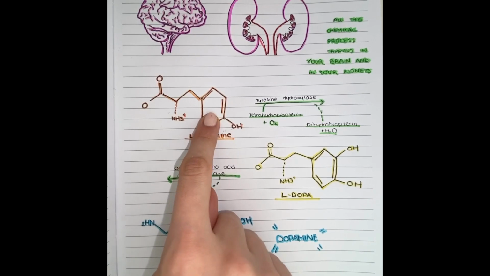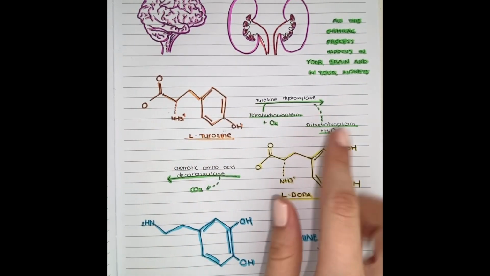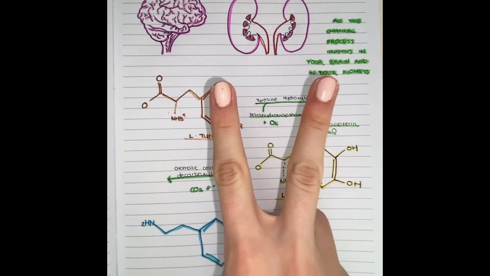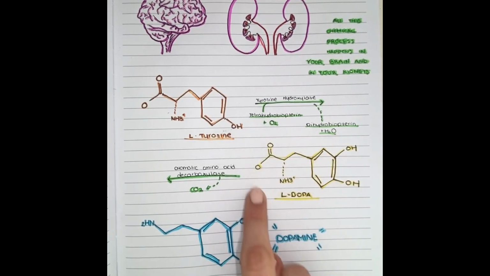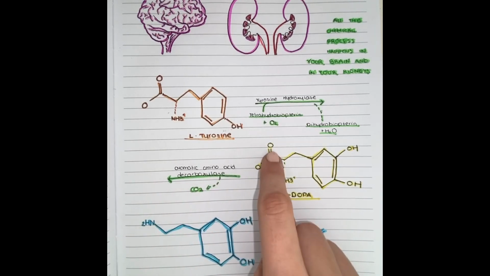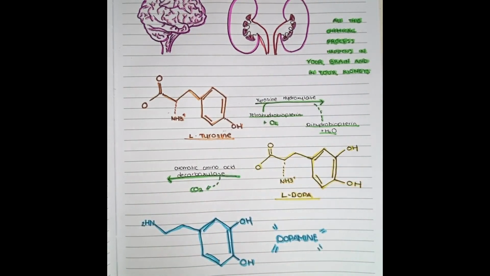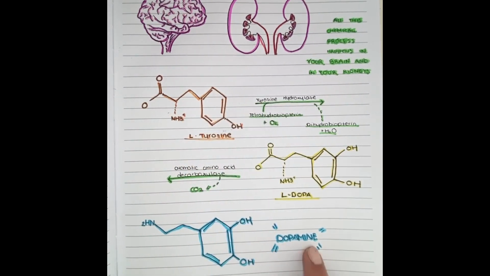We get the process of tyrosine hydroxylase, and we get as leaving groups dihydrobiopterin and water. Secondly, we get L-dopa as a product of the last reaction, and we get an aromatic amino acid decarboxylase process, which means that we take a carboxyl out from this molecule. We get as a leaving group CO2. And thirdly, we get dopamine as a result of this.